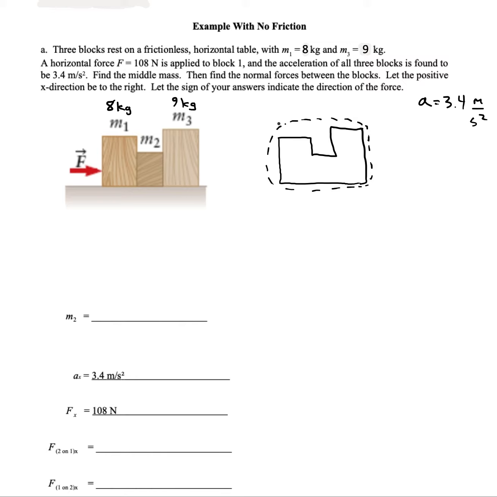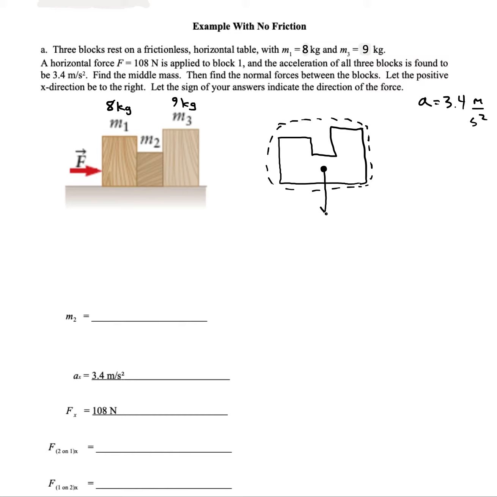And you put the dashed boundary around your system to make it clear what the system is. Then we want to create what's called a free body diagram for the setup. Free body diagram shows the forces involved.